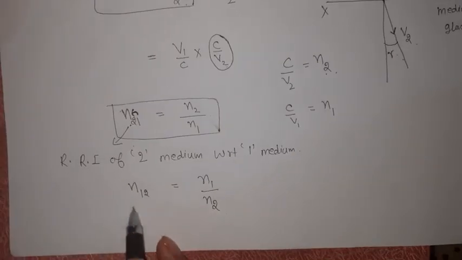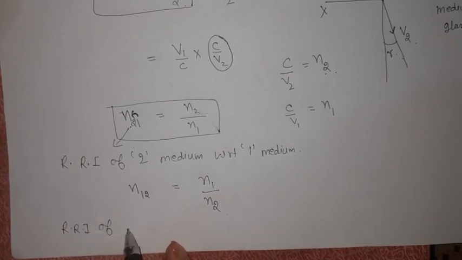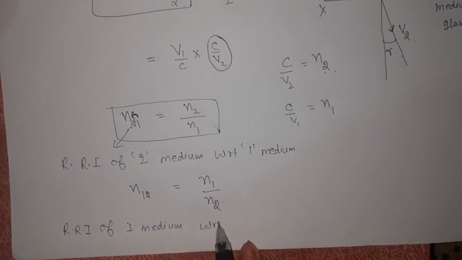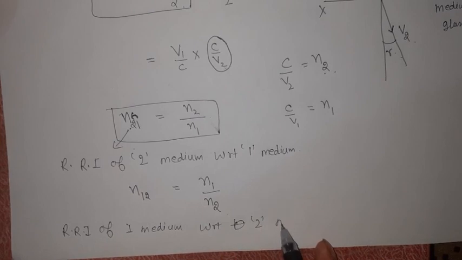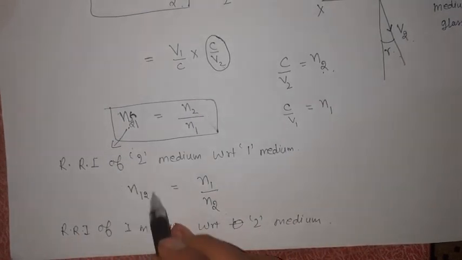And how will you read it? So it will be relative refractive index of first medium with respect to second medium. Okay, this is the way to read this term over here.